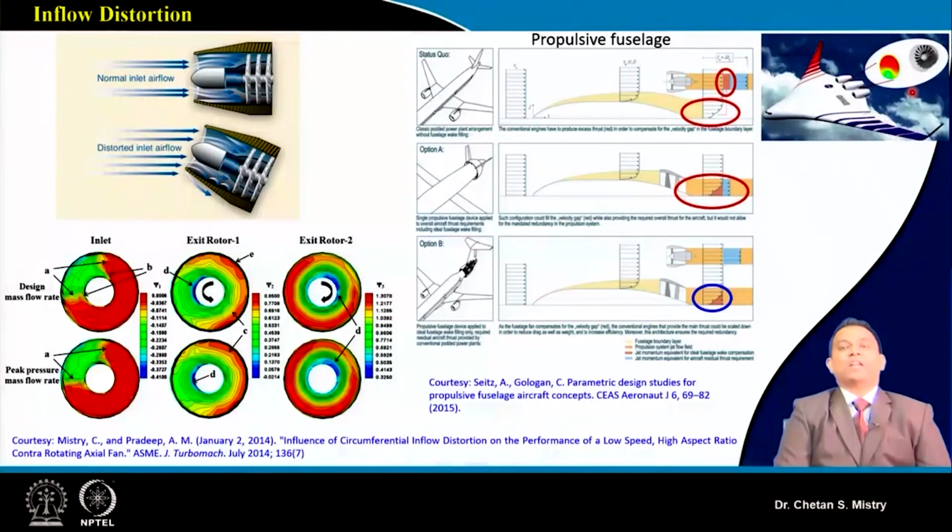That is the reason we feel this concept, this design, needs to be incorporated in the course, and we will be discussing it. In the next lecture we will start discussing how to design a counter-rotating fan. At this moment we are targeting a low speed configuration. If you are interested, you can collect the material.